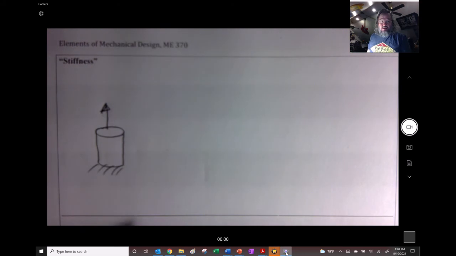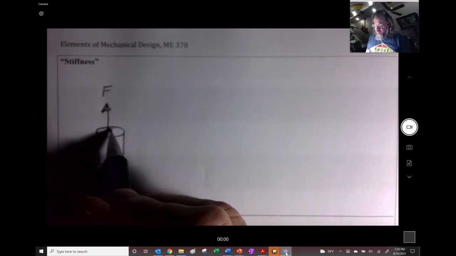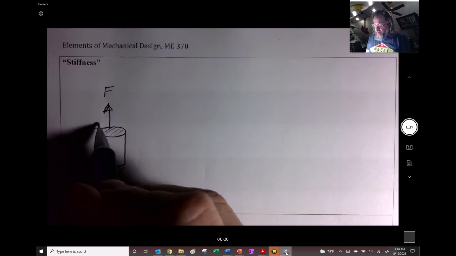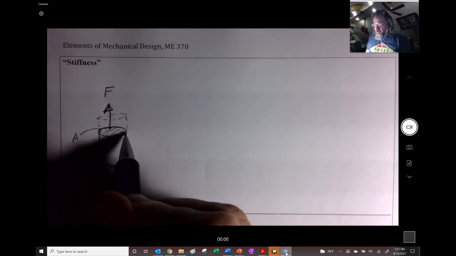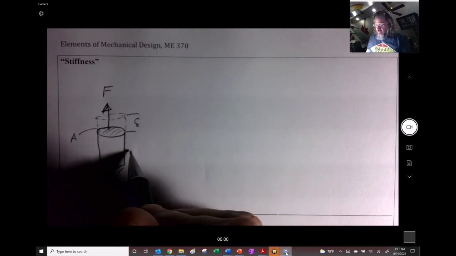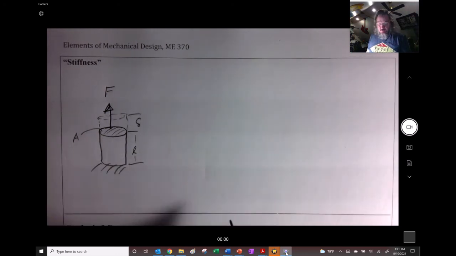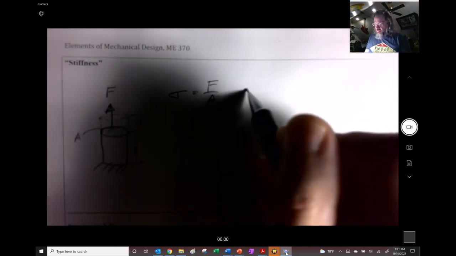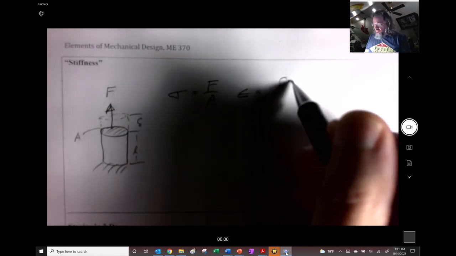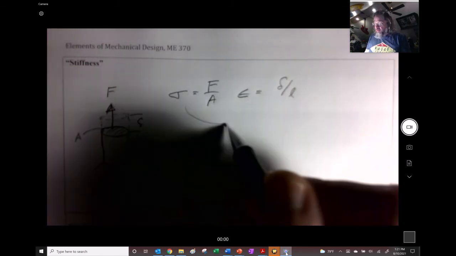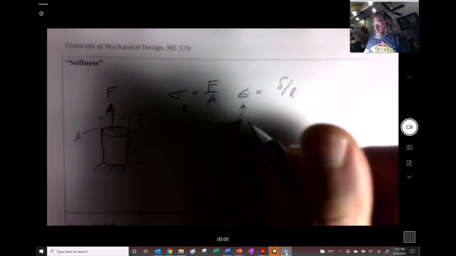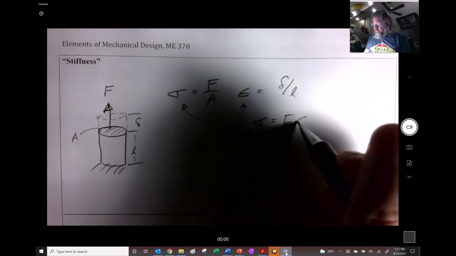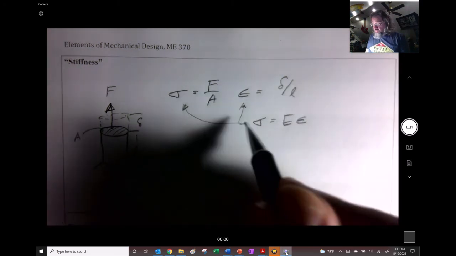An easy thing to do is to take the simple case of just a simple cylinder that's being pulled by a force F, and it has an area A. And if you apply that, you're going to have a deformation del right there, and let's say that this is original length L. So what you say is we're going to have a stress that's equal to F over A, and a strain that's equal to del over L. And we know that these two are related to each other by Hooke's law, right?